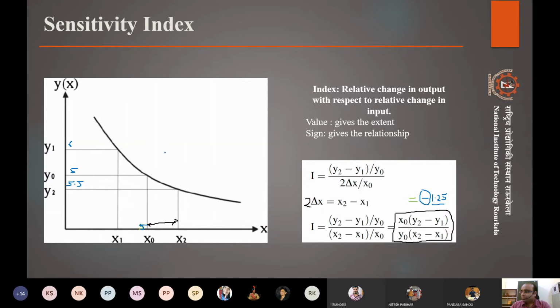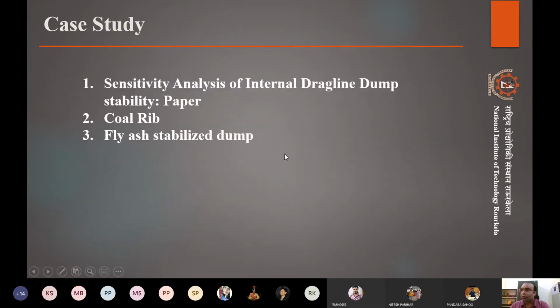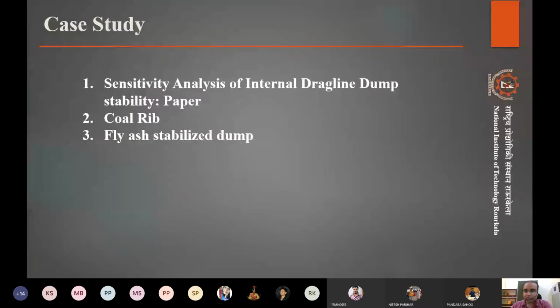Now let's move ahead. What I wanted to show you are a few case studies that I was involved in, so that will give you an idea of how easy it is or how useful it is.